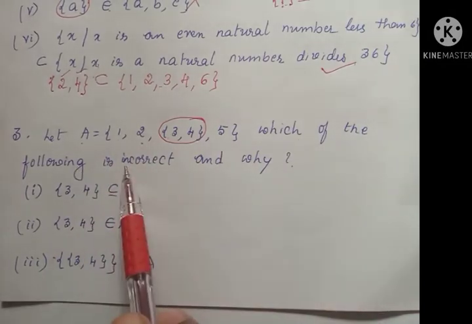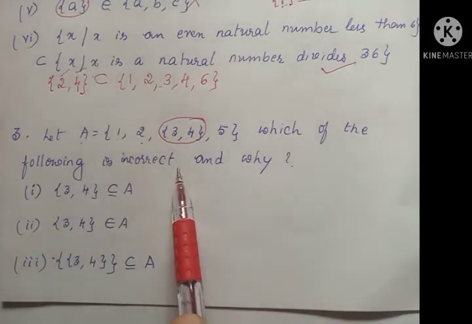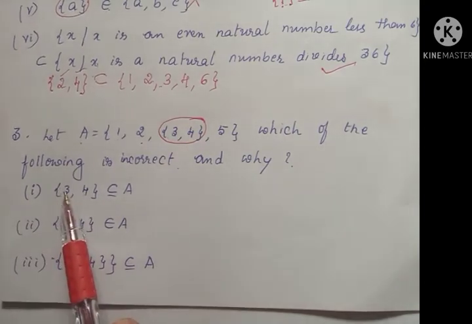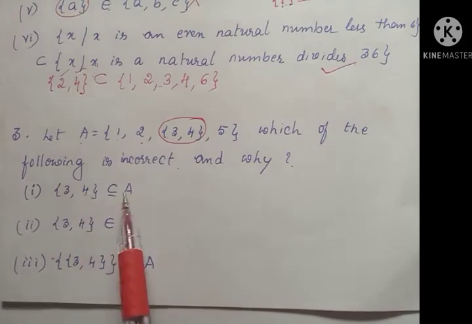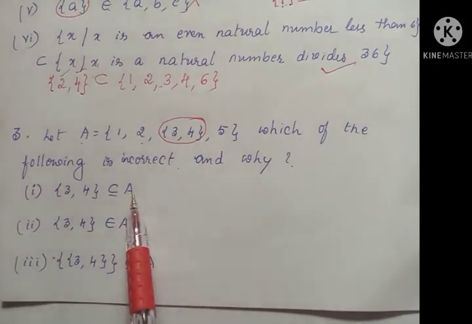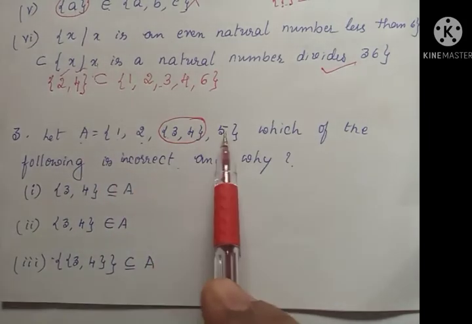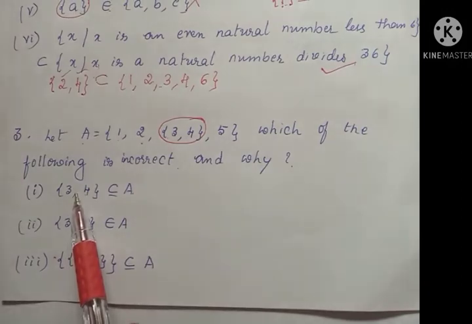Which of the following is incorrect? First one. The set having the elements 3, 4 is a subset of A. Is this a correct statement? This is the set A and you know that these are all elements, but they mention here a subset.